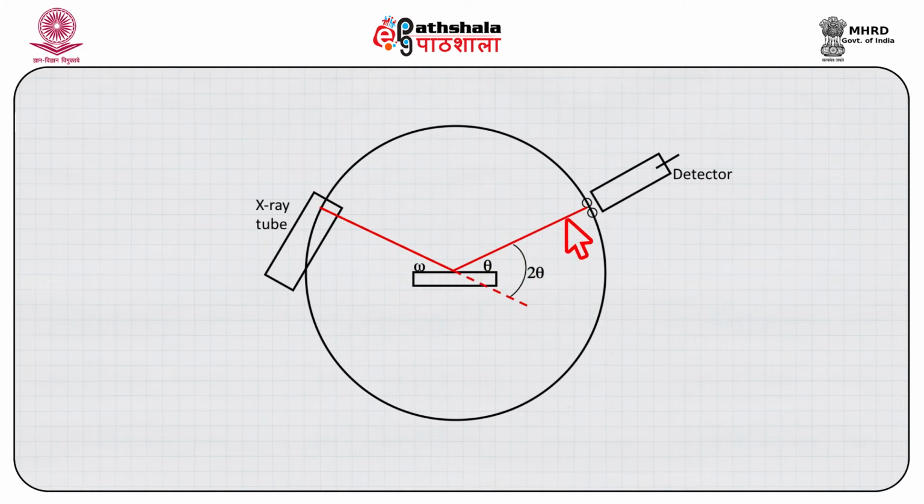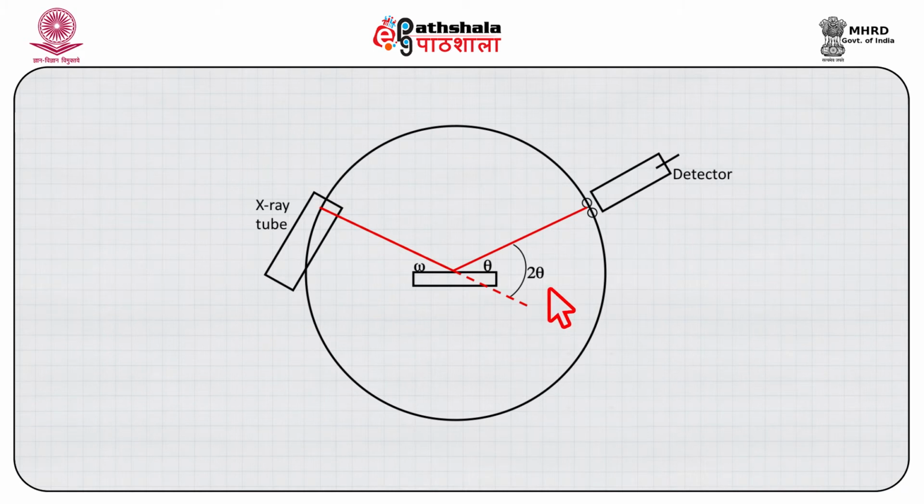However, the diffracted angle actually is, as you can see, twice that of the angle which is there on the incident X-ray. So, this instrument is sometimes also known as 2 theta instrument, where the detector is placed and the angle which the sample is making with the X-ray tube, that angle is 2 theta.